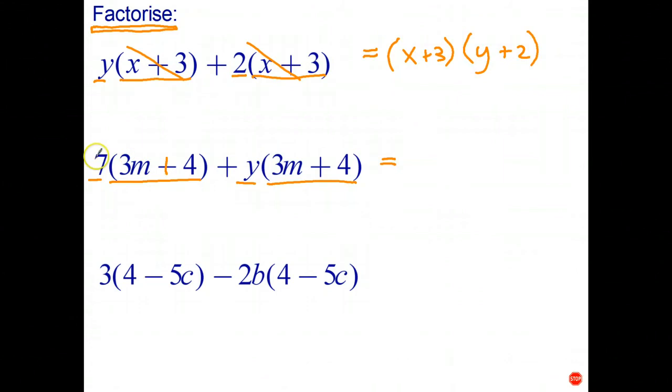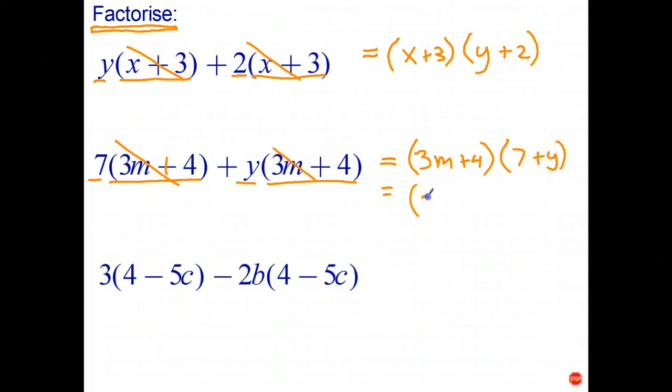This one has the factors 7 times 3m plus 4. This has the factors y times 3m plus 4. So the common factor is 3m plus 4 in brackets, because that's what we've multiplied by 7, and here we've multiplied it by y. Cross out the common factor, and 7 plus y is what's left in the brackets.